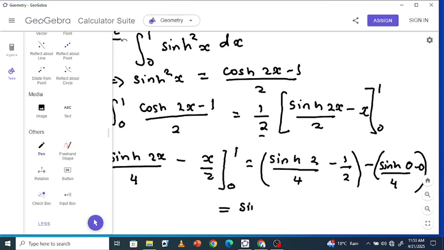Now you're left with sinh 2 over 4 minus a half. So you can simplify here and get an answer.